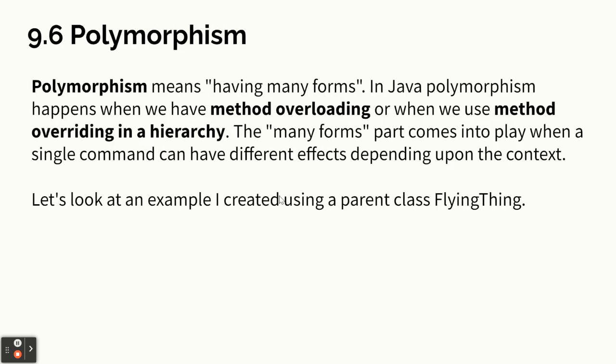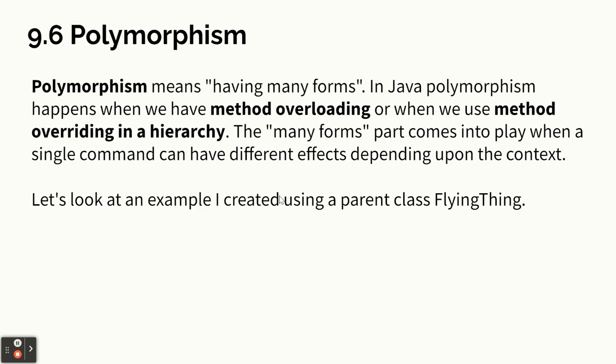All right. So now a scary sounding title, polymorphism, but it's also kind of cool that we get to learn something called polymorphism. Polymorphism means having many forms. And in Java, this happens when we do method overriding in a hierarchy.